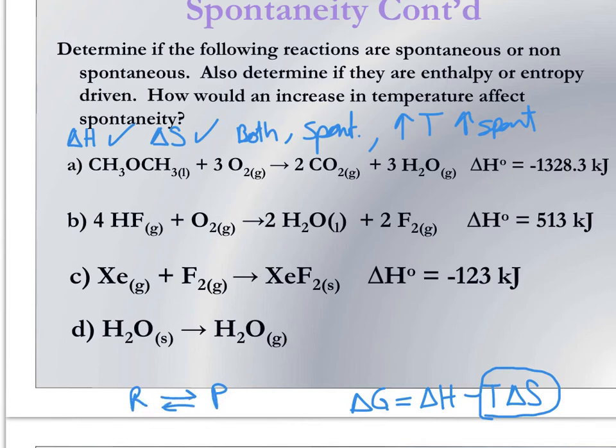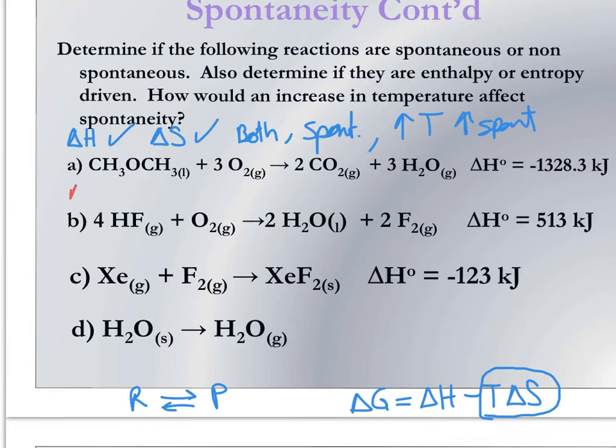So let's say at room temperature this reaction is spontaneous, and 80% of what's left is products. If I increase the temperature, maybe it becomes even more product favored. Maybe instead of 80%, now I have 90% products. So that would make it more spontaneous. That's what that means. Okay, let's look at the next one.